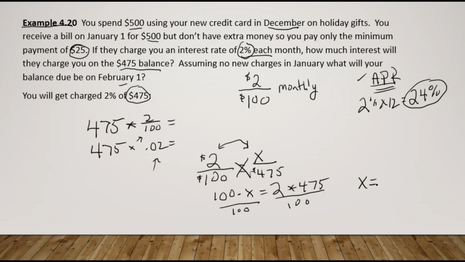And for all three of them, I'm going to get $9, right? 475 divided by 100 is 4.75 times 2 is 9.50 it looks like. And I'll check that on my calculator to make sure. So that's what you would pay for the month's interest.